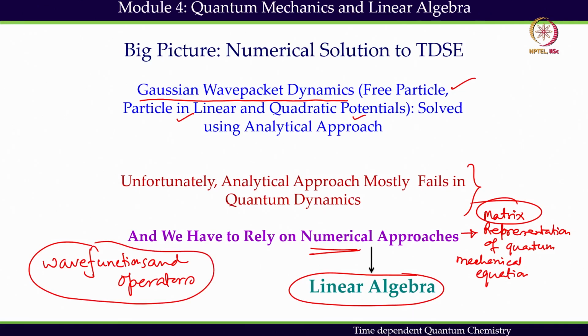If I want to obtain a numerical solution to a quantum mechanical problem, first I have to learn how to numerically represent the wave function and operators, because these are the two things we'll be dealing with in quantum mechanics. And that's why we'll develop a coherent sense of the meaning and the properties of the wave function and the operators from the linear algebra point of view in this module.